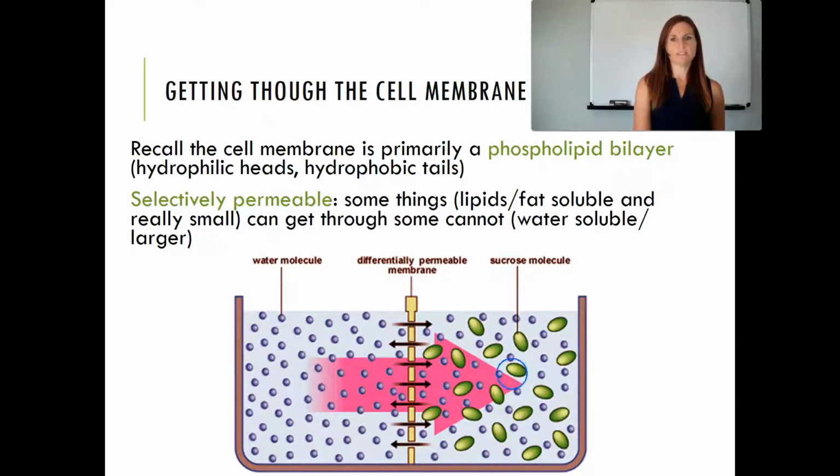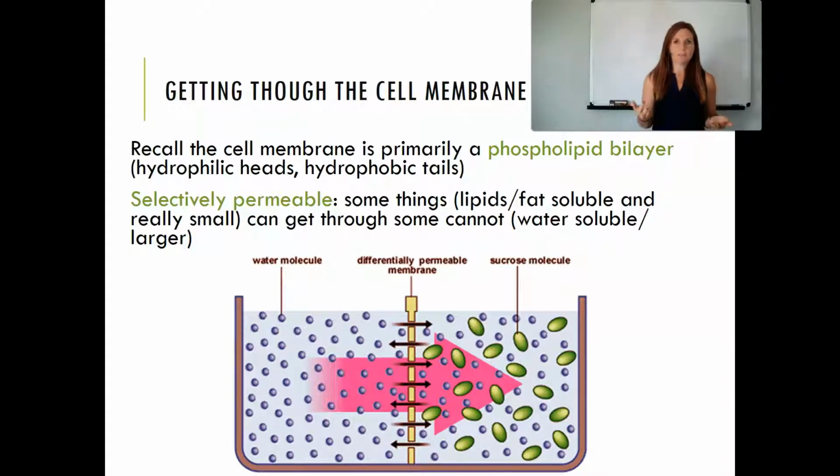Small molecules can move through the cell membrane pretty easily, but large molecules, even as large as a sugar molecule, which is still pretty small, do not have the ability to move through. Water can move through the membrane, but other things cannot. And so this selective permeability gives the cell the ability to allow some things in and other things not in.